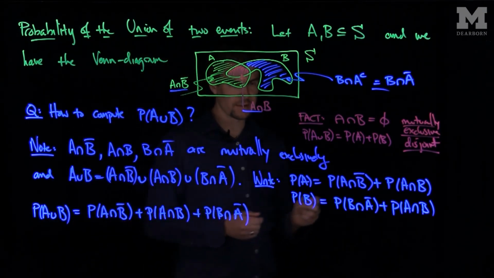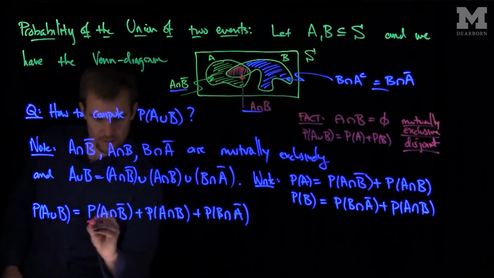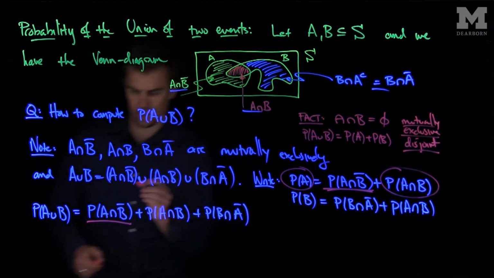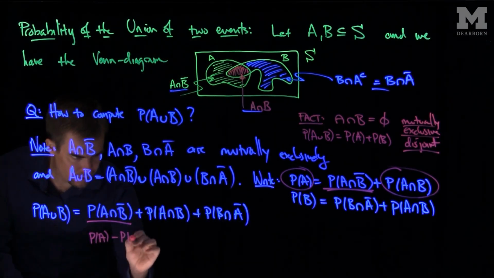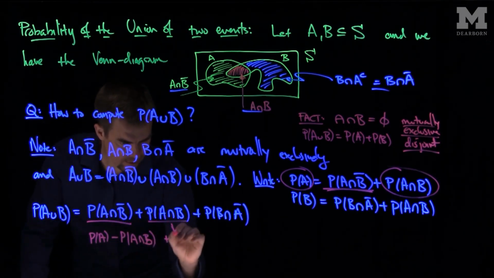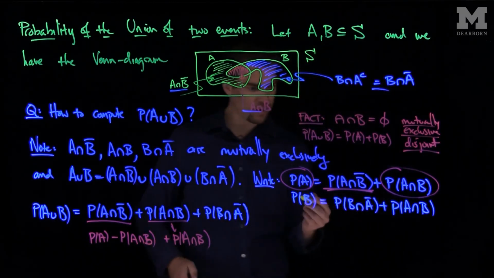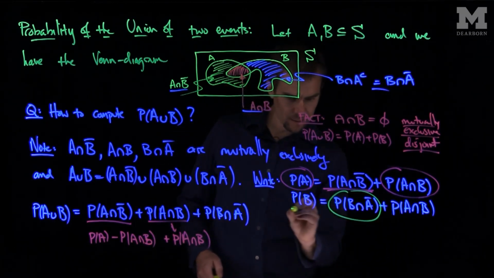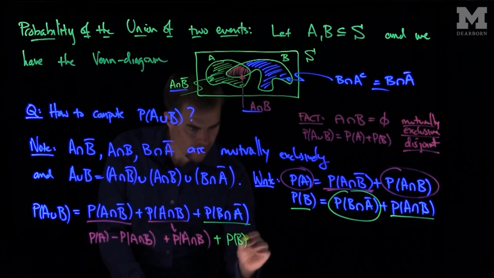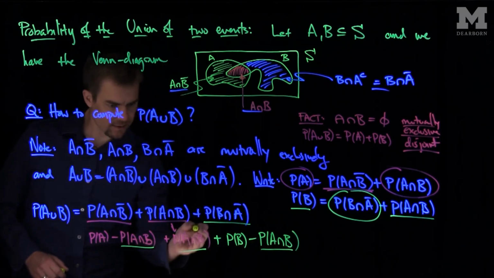And we have formulas for all of these things. So we know, for example, that the probability of A intersect B complement is exactly the probability of A minus the probability of A intersect B. Then I have to add in this probability over here, the probability of A intersect B. And the probability of B intersect A complement is the probability of B minus the probability of A intersect B. And now I have two negatives of these things and one positive, so those will cancel.